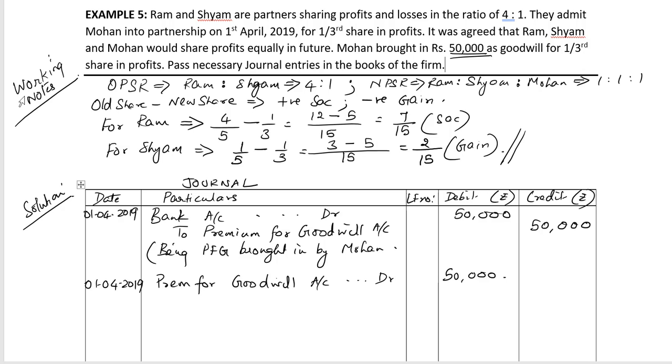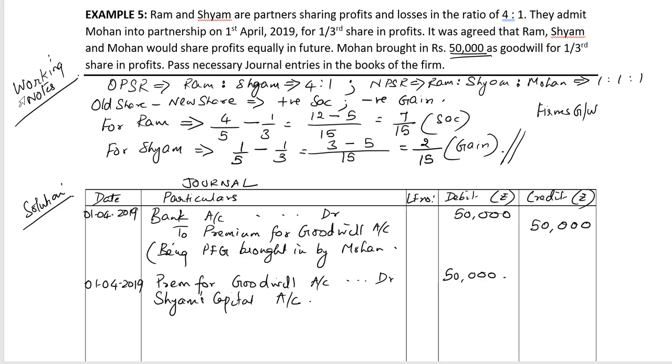So we need to debit Shyam's capital account also, because Shyam has gained. Now his share of goodwill which he has gained should be debited to his capital account. For that we need to get the value of goodwill of the firm. So let's do the calculations here.